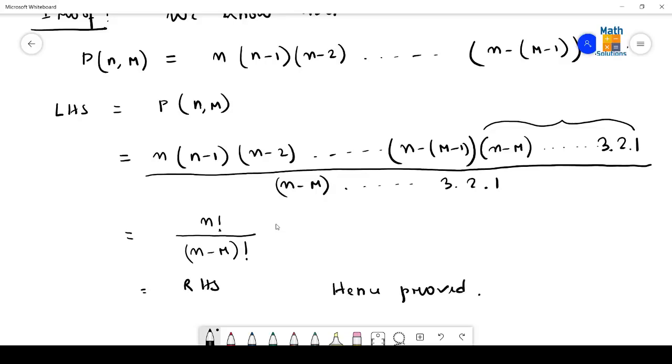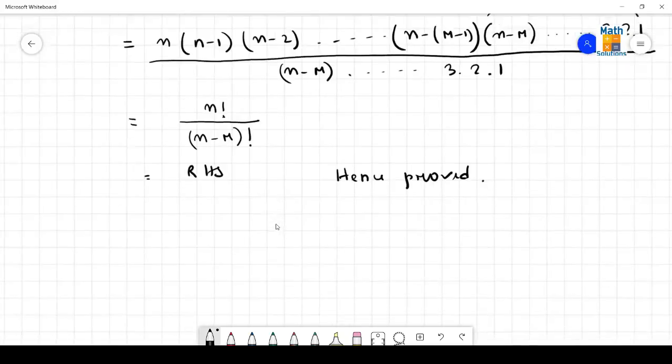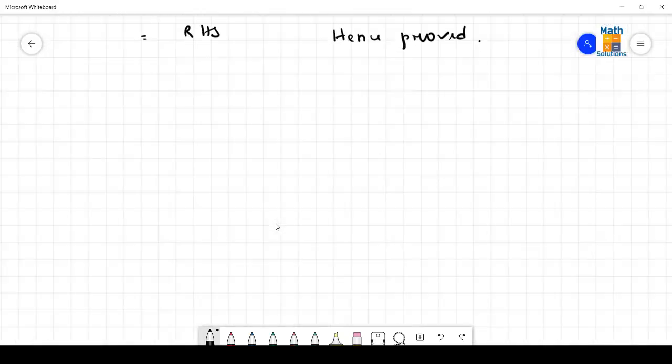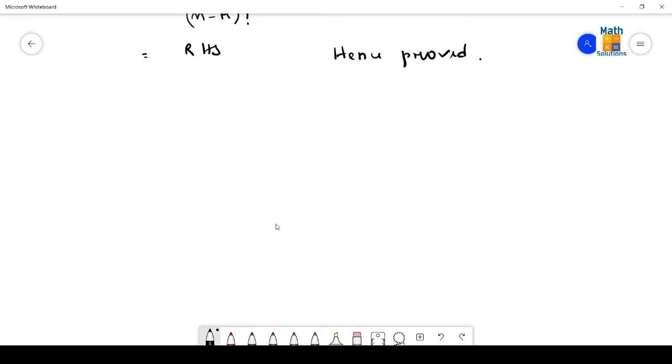This is the second important theorem. Coming to theorem 3, the third important theorem. The statement is what?